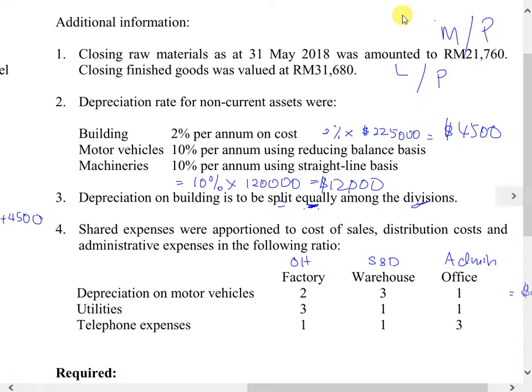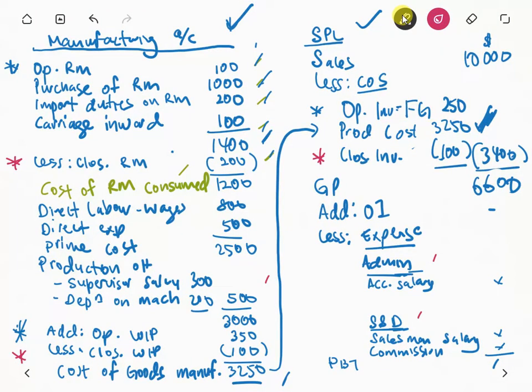My depreciation is 4,005. Where should I charge? They say split equally among the divisions, meaning production overhead, admin, and distribution share. So you divide by 3. 1,005, 1,005, 1,005. So 1,005 will come here, 1,005 go to admin, 1,005 go to selling and distribution.